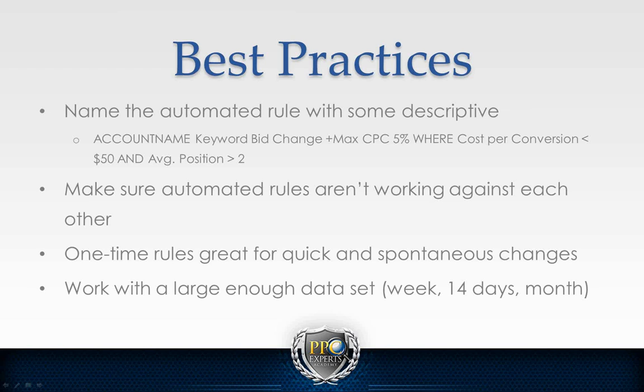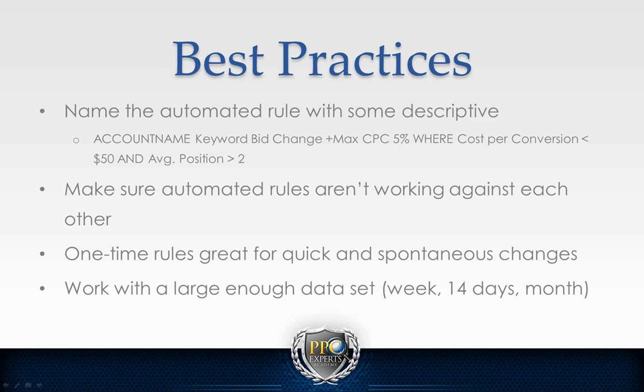What I would do is run a one-time rule where I would set a criteria, kind of similar to the one I have above here, where I would say increase the managed cost per click by maybe 25%, and where my cost per conversion is below the threshold.